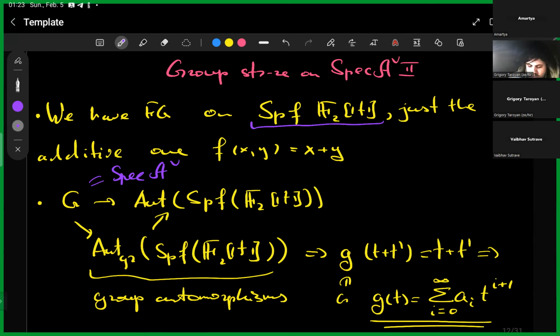And in particular, this means that we can present the elements of our group as a power series without the free coefficient, because they must preserve this addition law.